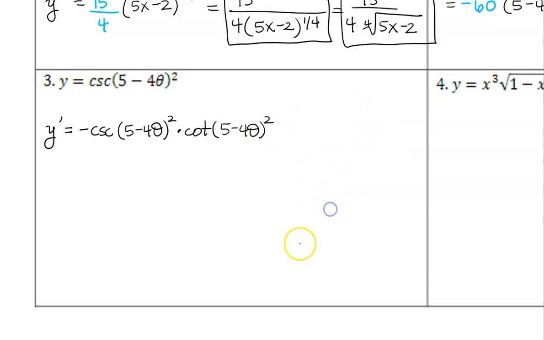Now that we've taken the derivative of the big function, what the chain rule tells us to do is multiply by the derivative of 5 minus 4 theta squared. And to take that derivative, we will again have to use the chain rule. So I'm going to bring everything down that we have so far.